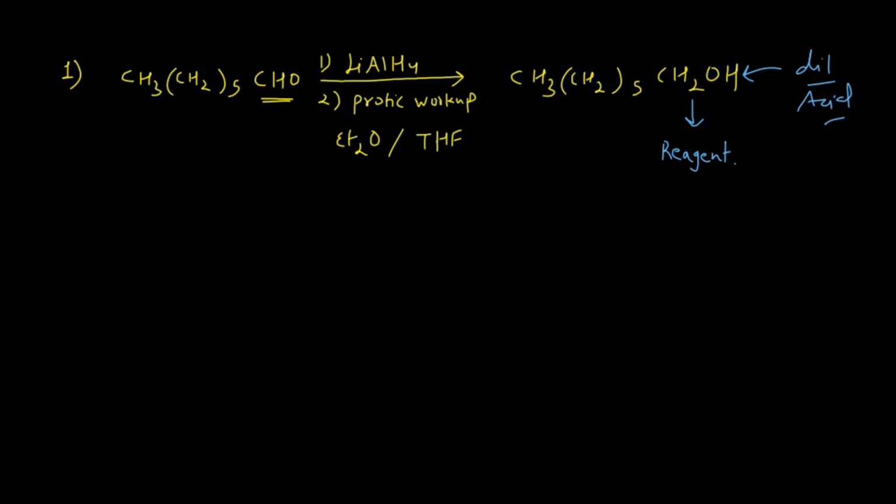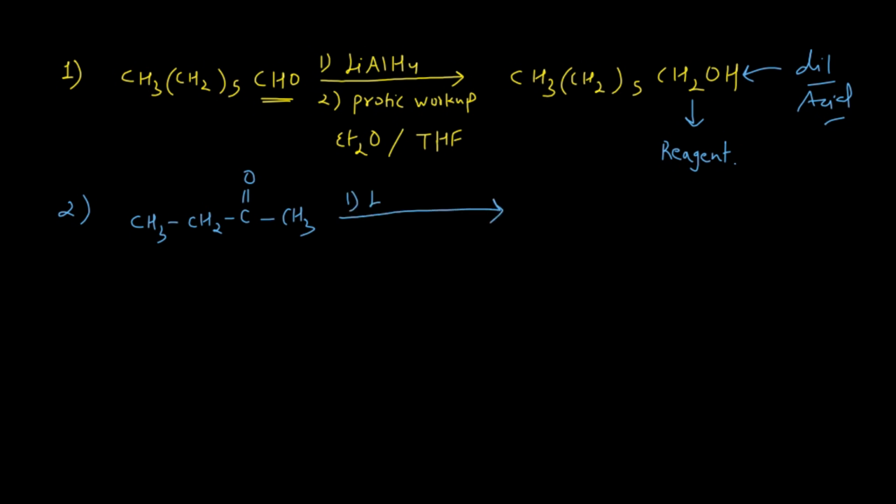And similarly, the same reaction you can check here. Say for example, you are having a ketone, CH3, CH2, C double bond O, CH3, and you do the same reaction, right?